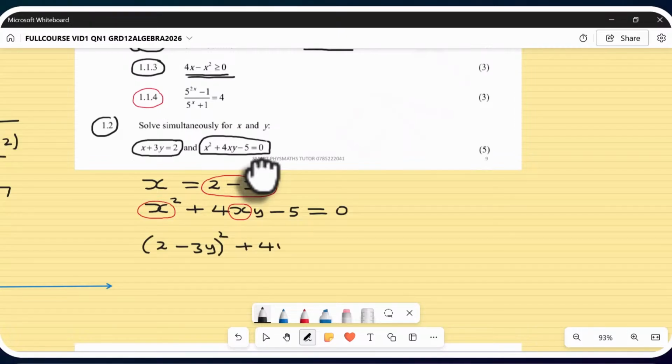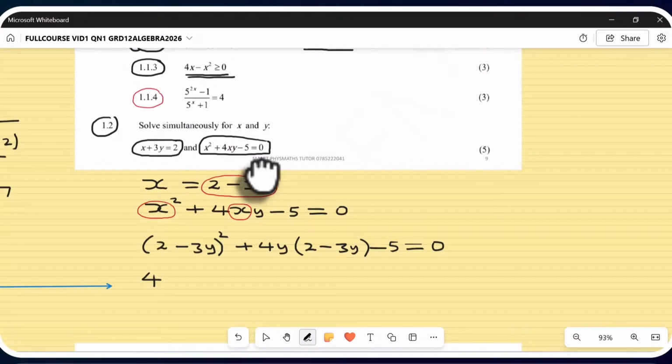Then you square 3y, you get 9y squared, plus 8y, and then minus 12y squared, minus 5 equals 0. Please don't rush. You rush, you crash.